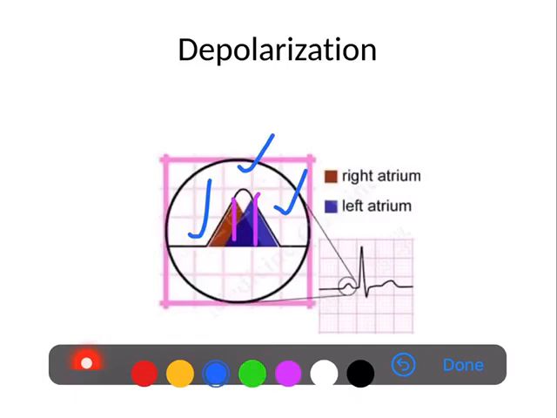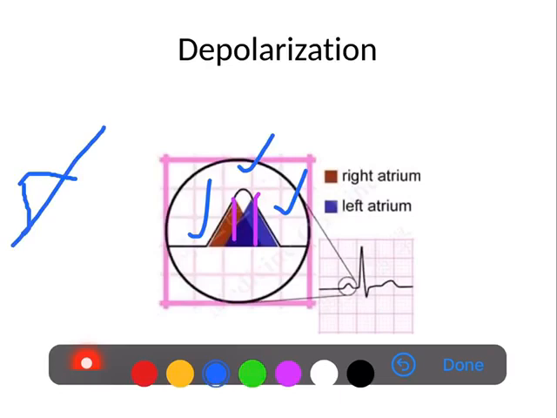In all these leads the atria depolarize in the same direction, so they have a positive wave. Both the right atrium and left atrium depolarize in the same direction, first the right atrium and then the left atrium, so there is a positive wave.